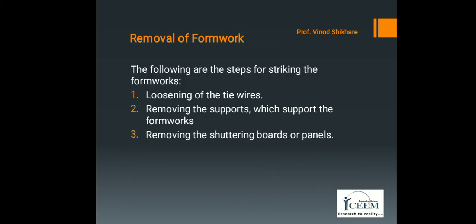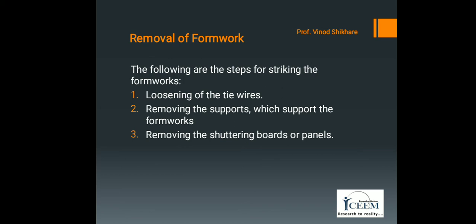And last point of formwork is removal of formworks. The suitability of the materials of the formwork for reuse depends in many respects on the way removal is done. The shuttering boards and frameworks are broken, the smooth surface is damaged, and the bracing is bent if the forms are not removed carefully.